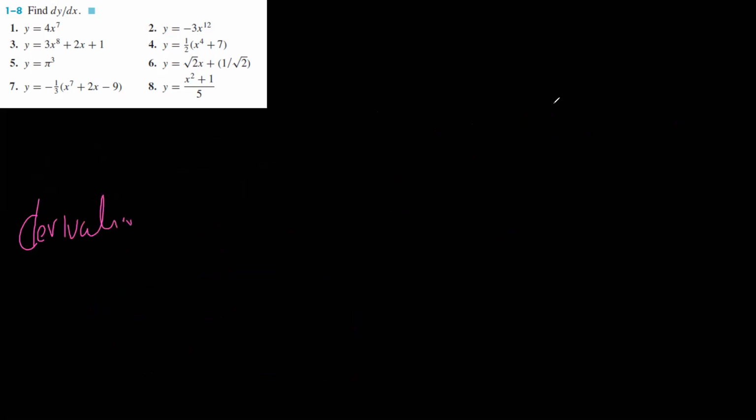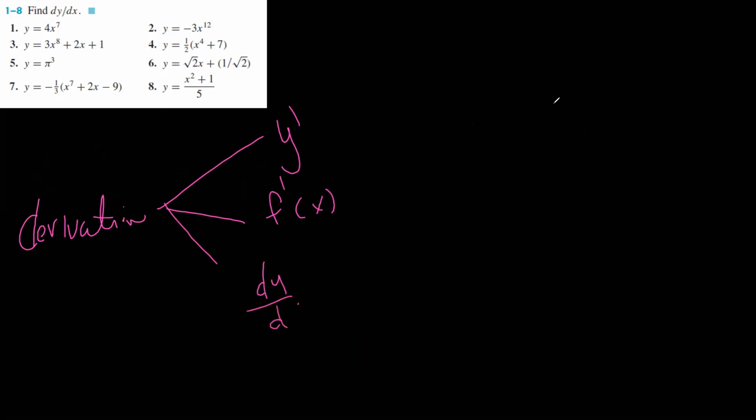So by now we say that the derivation can be written as y prime, f prime of x, or dy over dx. All of these names, we call them the first derivation.